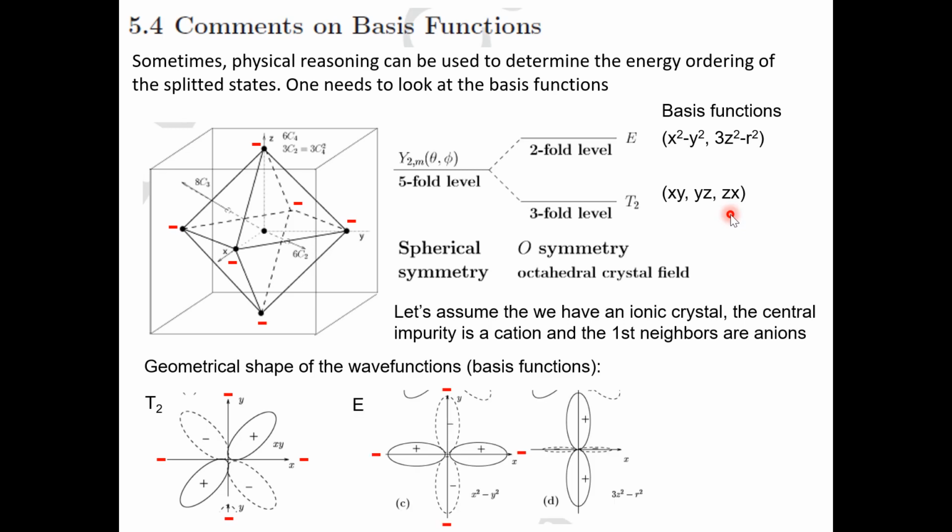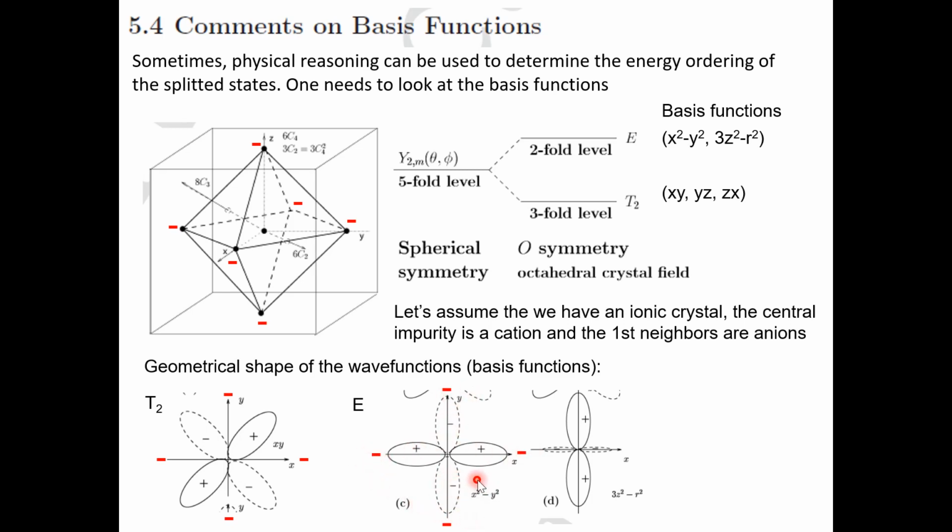Now, if we look now at the E symmetry, so we have these two functions, x squared minus y squared and 3z squared minus r squared, and essentially you can see that they have the opposite situation than we had here. So the electron clouds are actually pointing in the direction of the negative ions.